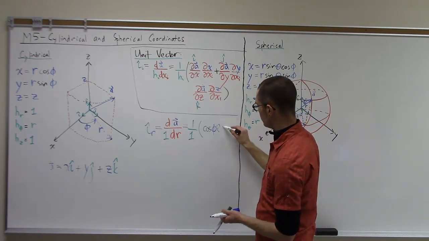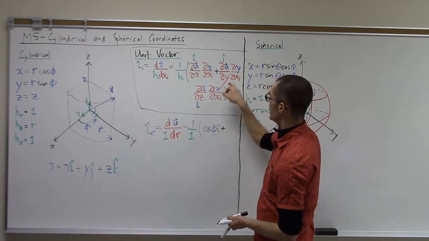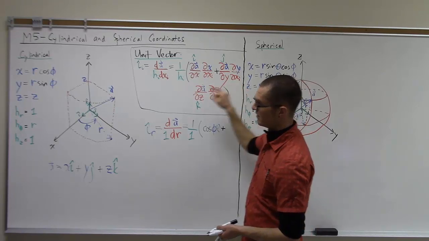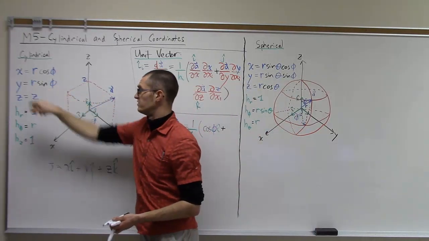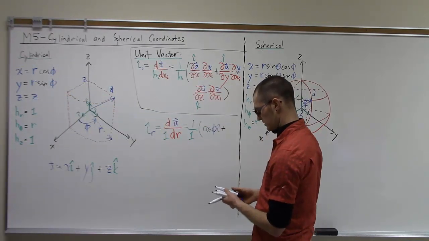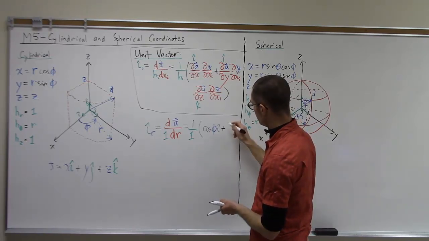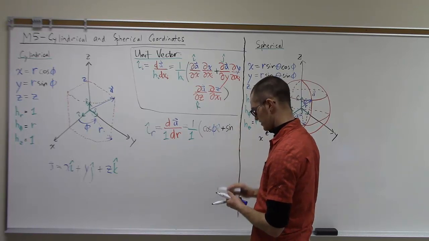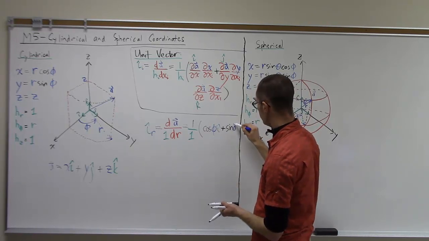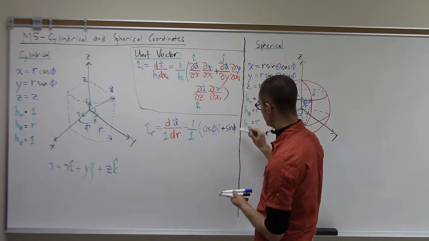And then I'm going to have a plus. Now, dy by dr is sine phi. So the y component here is going to be sine of phi times j.